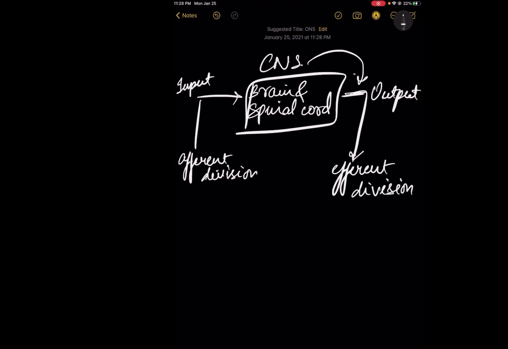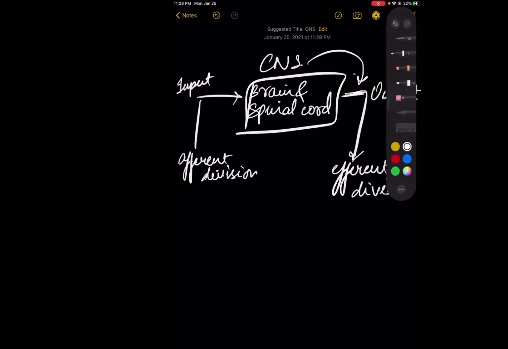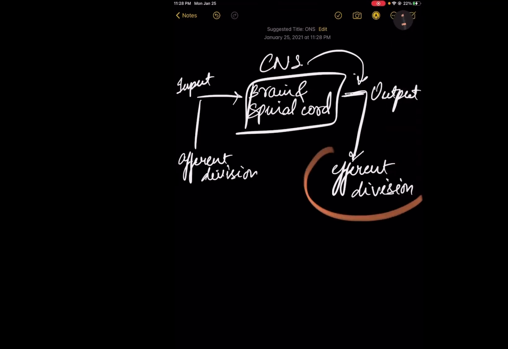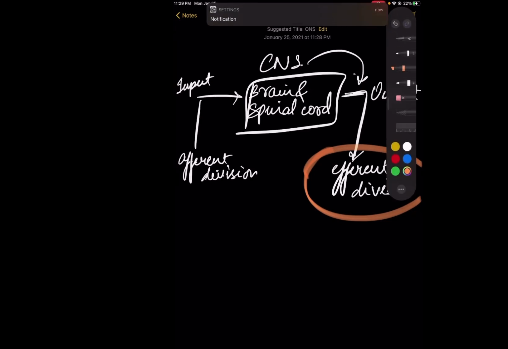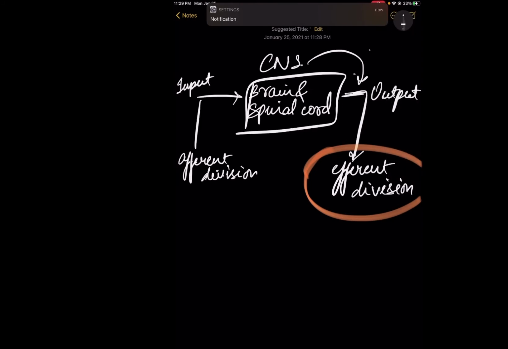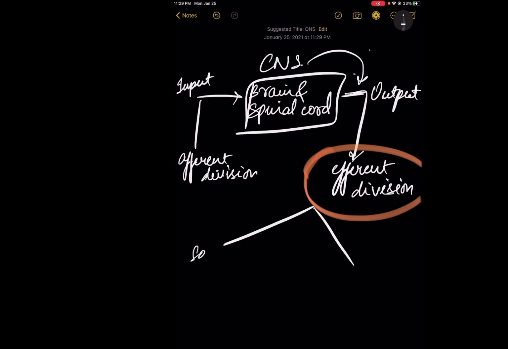So what we're going to study today is this part, the efferent division. Efferent divisions are of two types, somatic and autonomic.